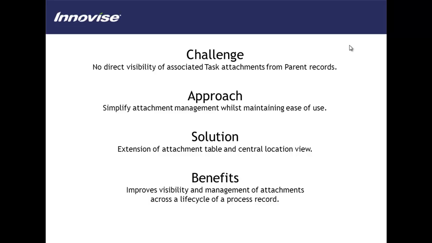In regards to our approach that we're going to walk you through today, and also available on the blog, is how do you simplify attachment management whilst maintaining the ease of use from a ServiceNow platform perspective. From a solution side of things, we're going to look at how to extend the attachment table and what you can do with that, including providing a central attachment location view within the parent record, so you can see in a central location all the attachments associated, not just to the parent record, but to all the associated tasks that have attachments as well.